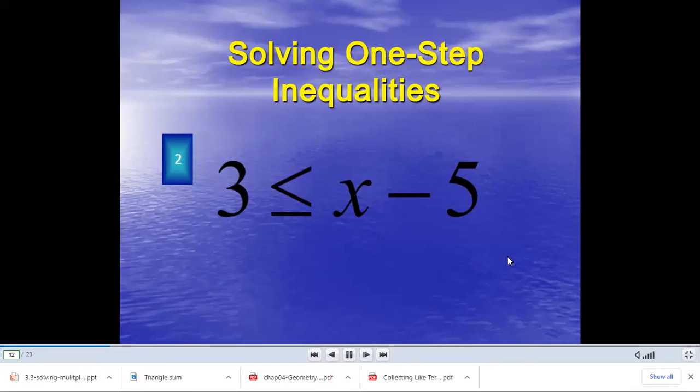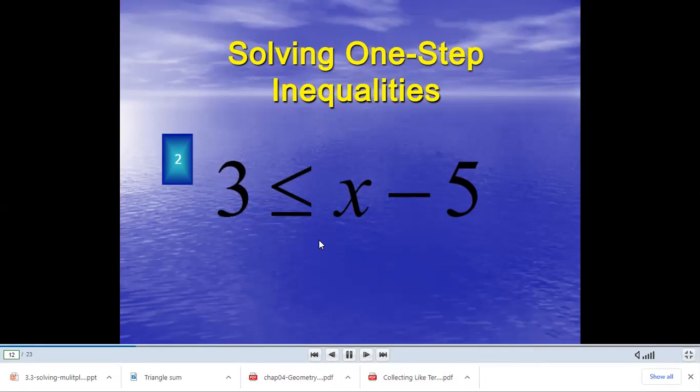Abdulrahman, could you please solve this inequality? How can we solve it? Ibrahim, how can we solve this inequality?